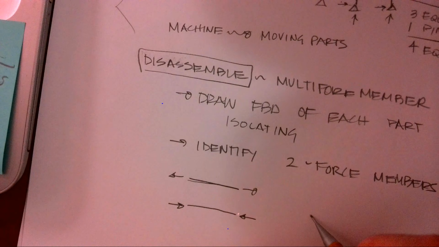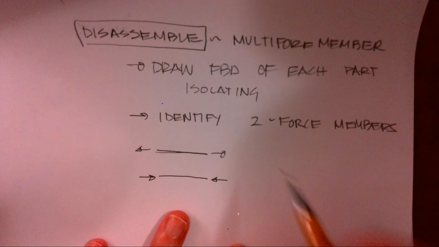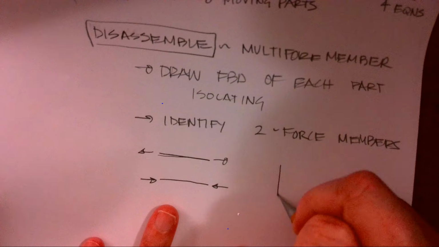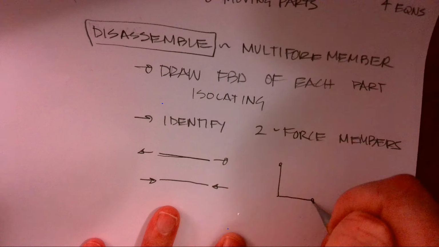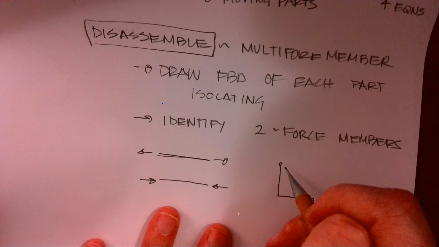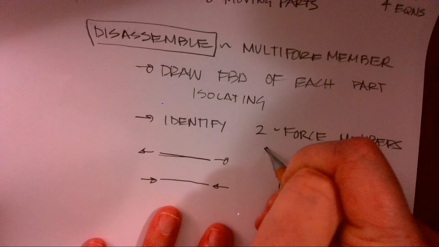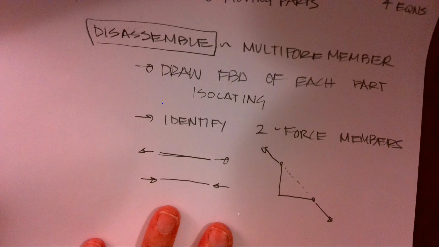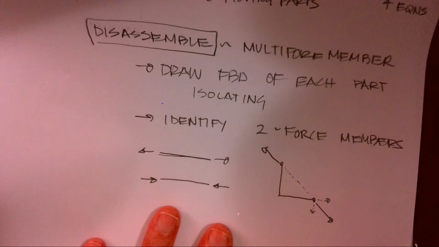Or, sorry, I'm a little crowded here. Or we could have an angle that's supporting something like a bracket, and because I don't have any other forces on here, I can recognize that the force will follow a vector line right through the holes. So I could actually break this up into X and Y components.